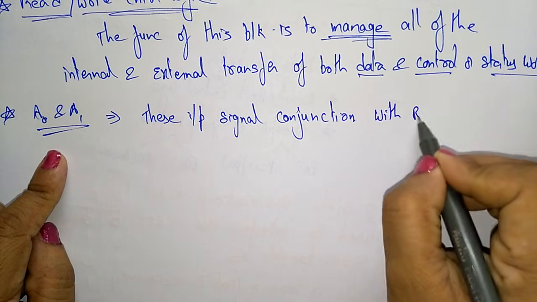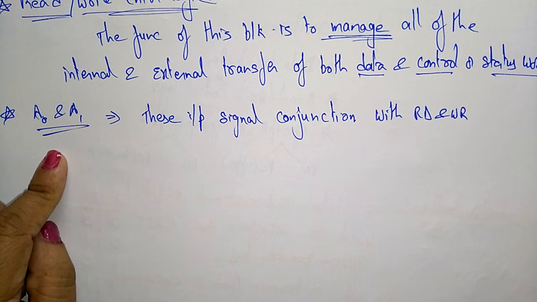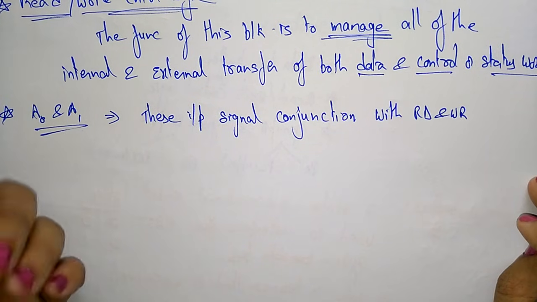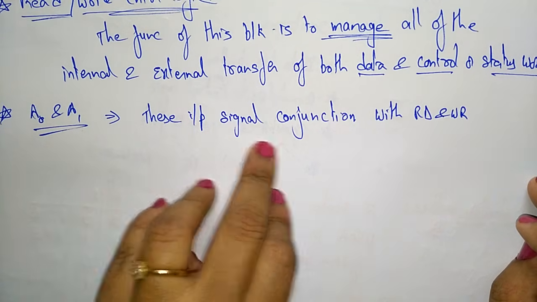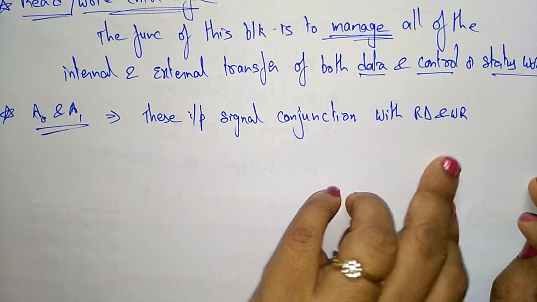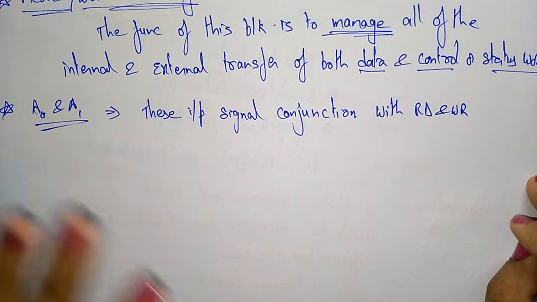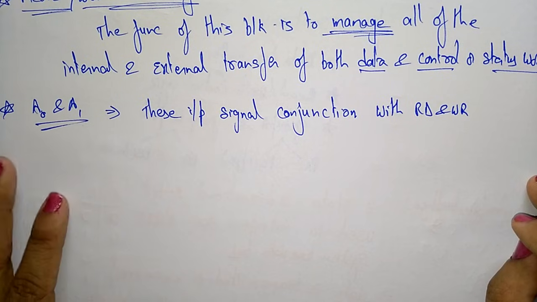So when to read, when to write, from which port we have to read and to which port we have to write will be decided by A0 and A1 based on the chip selection. These input signals in conjunction with the read and write inputs control the selection of one of the three ports in the 8255. They are normally connected to the least significant bits of the address, A0 and A1.